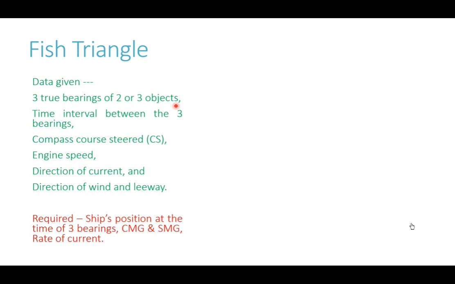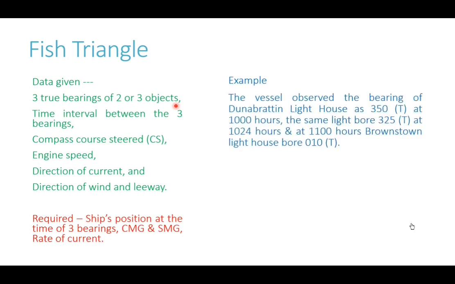Now, basis this information, let me show you a question based on the fish triangle concept. We have an example question here. The vessel observed the bearing of Duna Breton lighthouse as 350 true at 1000 hours.